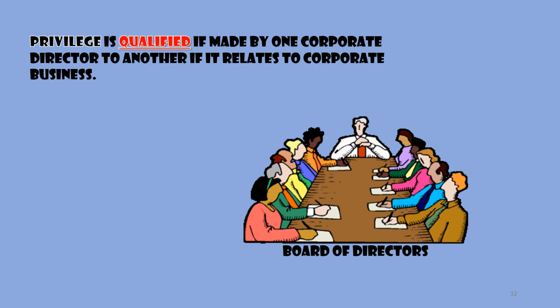Now, what do you need to make decisions? You need information. So if something comes up that relates to the company, you have a duty to tell the other directors whether it turns out to be true or not. So your privilege is qualified because here's the caveat. It must relate to corporate business. If it has nothing to do with the corporation, you can be sued for making a defamatory statement.